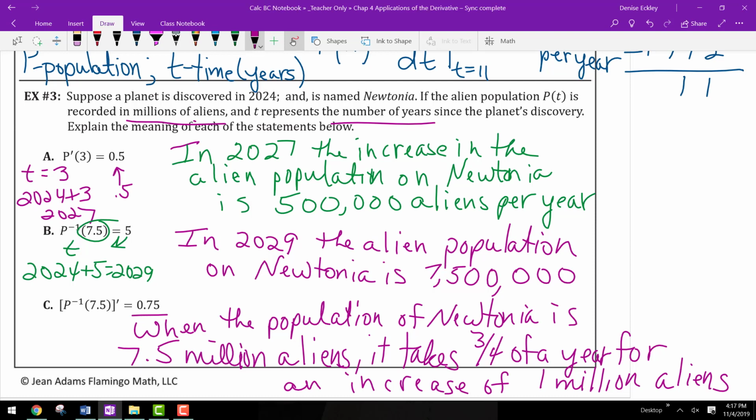See, now this is going to be the opposite, because before it was aliens per year, and now it's 0.75 years per millions of aliens.